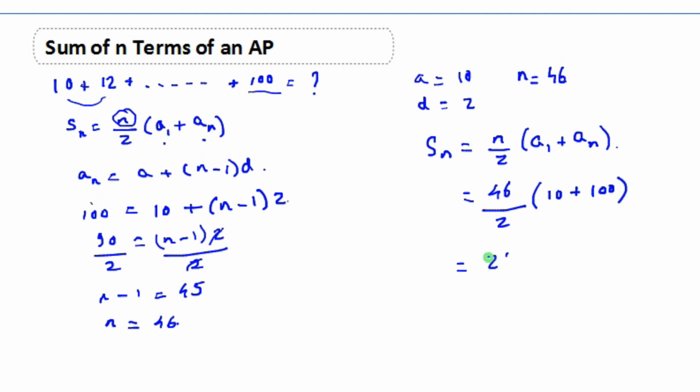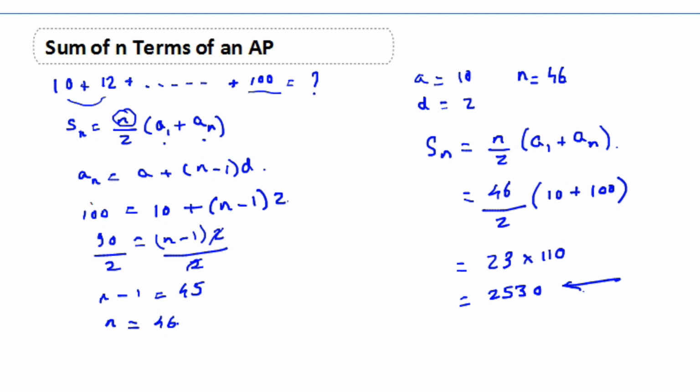So it becomes 23 times 110, or it becomes 2530. That is the sum of the first n terms, or the first 46 terms of this series, where the first term is 10 and the 46th term is 100.